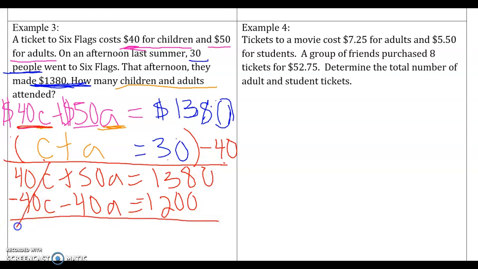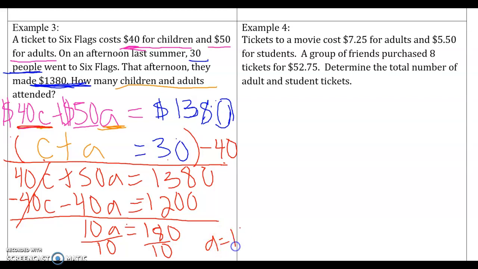Okay, add them together. The C's cancel out. 10A equals 180. Okay, then all we're going to do is divide both sides by 10 to get A by itself.